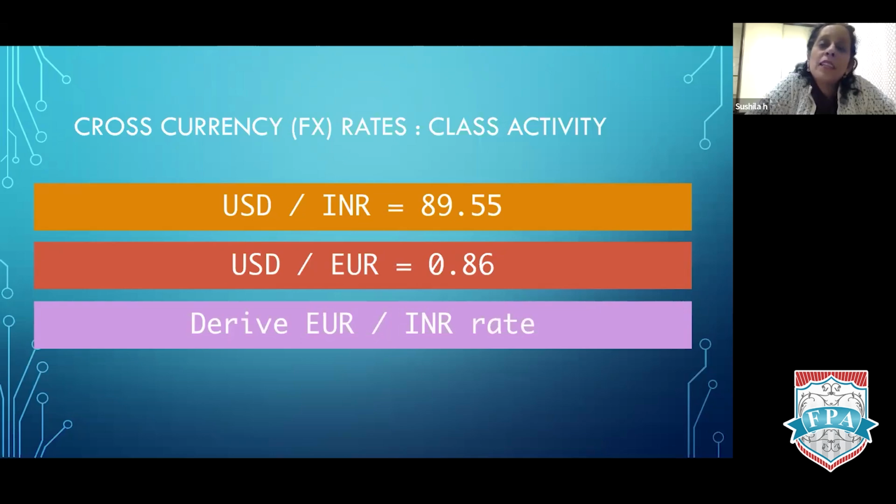So 90% of global trade, though it is benchmarked against the USD, the currency exposure is for the domestic entity, not so much for the international entity. Let's say, for example, the USD INR goes from 89.55 to 92, just the first leg of the transaction. Then the Indian importer is going to suffer, right?